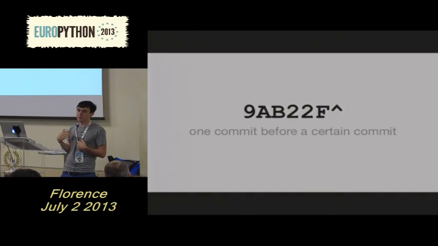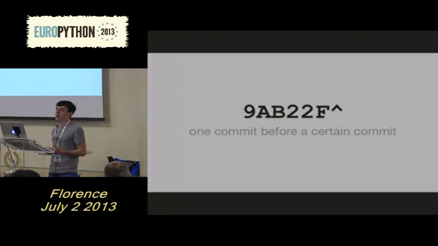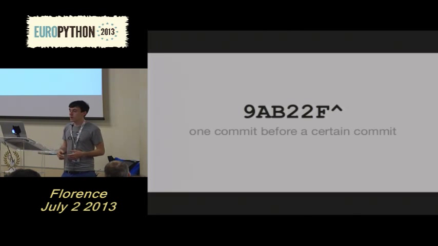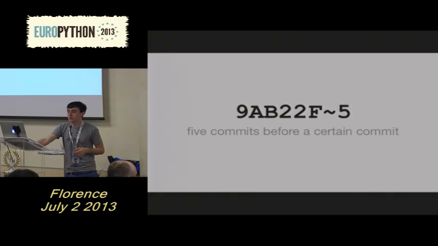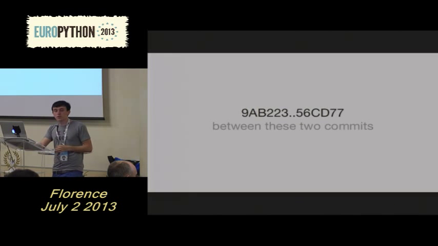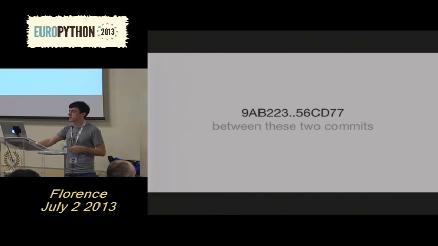So you can say give me the parent of this commit, or the parent of this branch, or the parent of this tag. And this little angle bracket means go back 1 parent, go back 2 parents, go back 5. You can also specify ranges with .. Give it two hashes, or master and another branch name. Basically anything that refers to a commit.